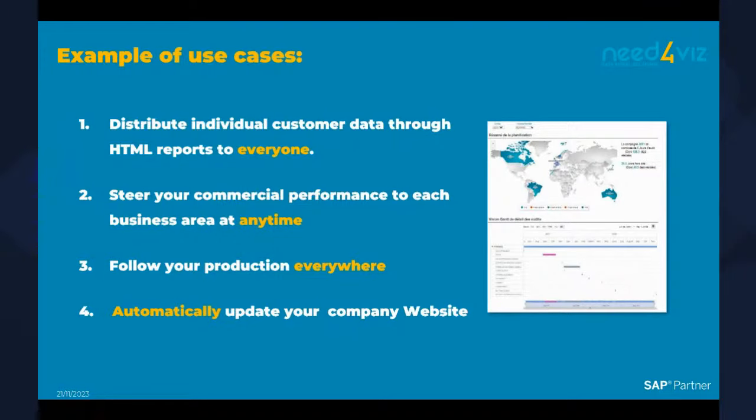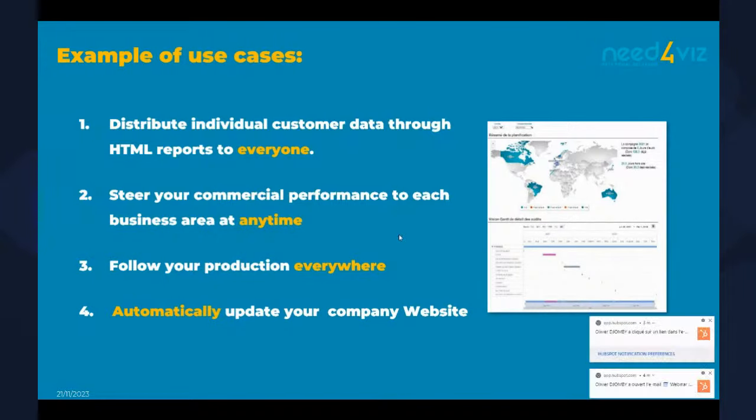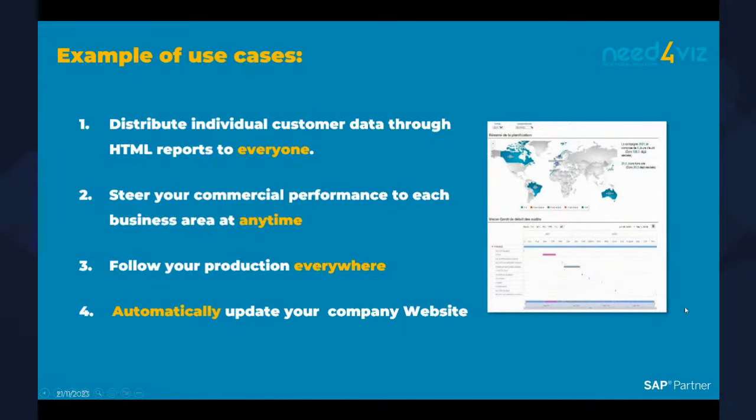We have some clients that are using HTML export to steer their commercial performance for each business area at any time. It means that they provide the commercial people with the analytics of their business area, and it's available at any time because it's on a website. As soon as the website is available, the data are there.